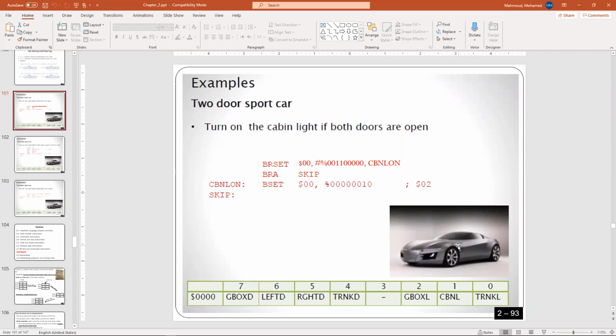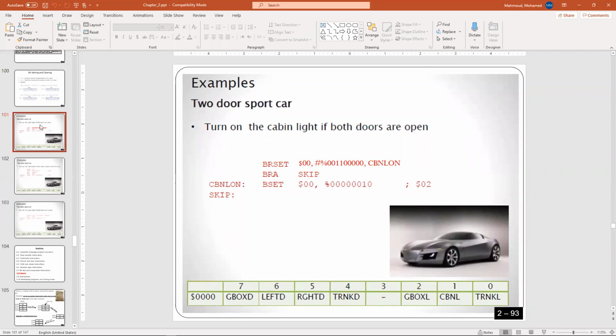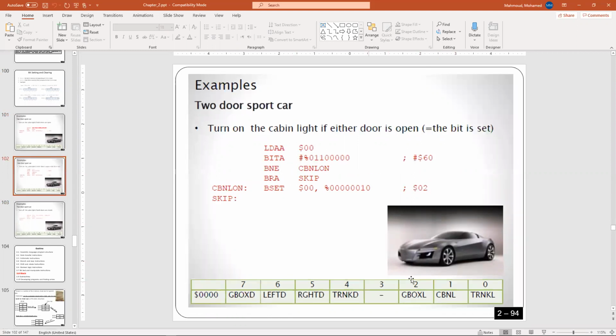In this car, I'm going to read a byte this way at the location 0 0 0. Every bit in this byte gives me some information. For example, bit number 6 tells me if the left door is open or closed, and bit number 5 tells me if the right door is open or closed.